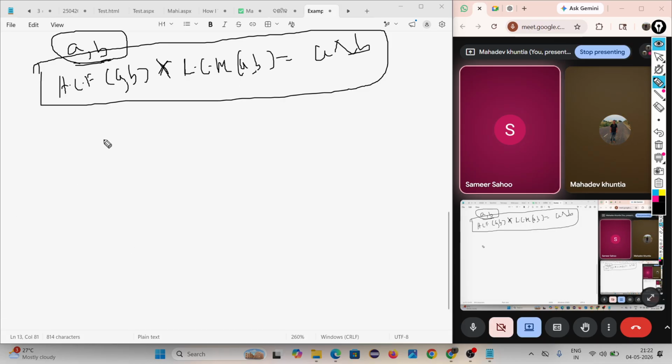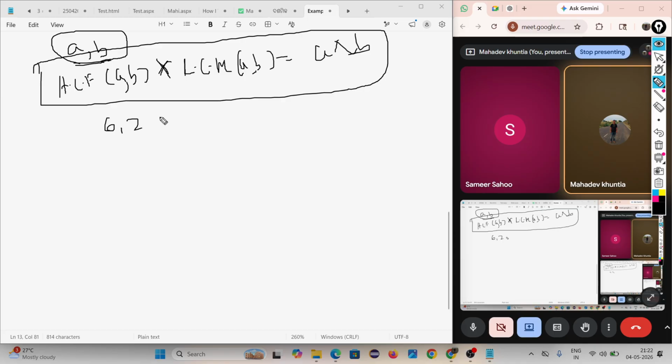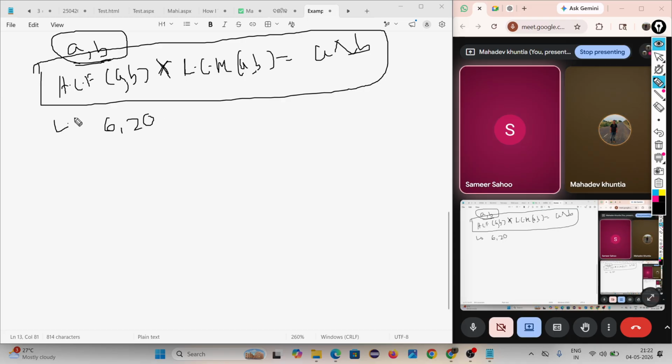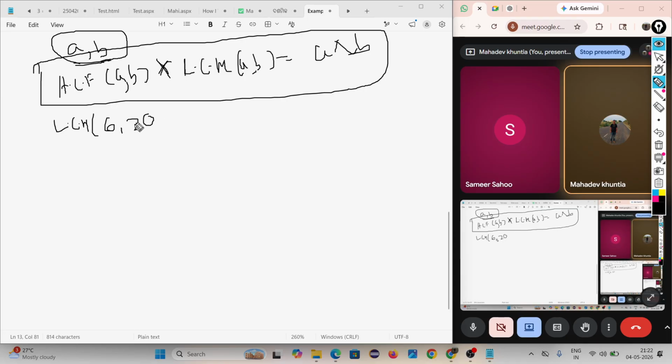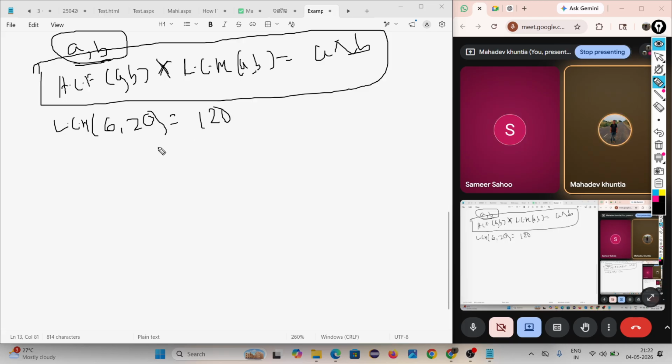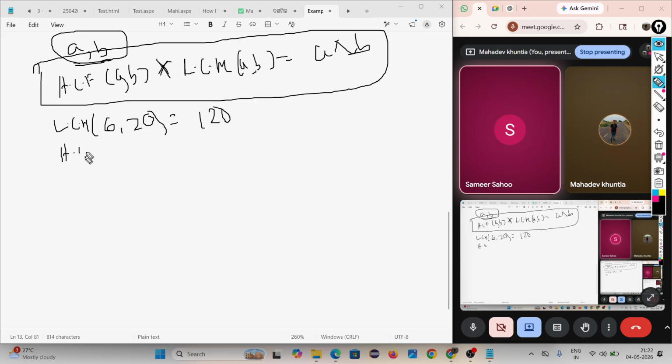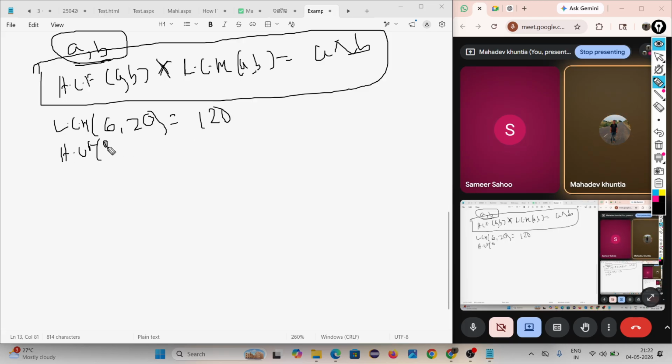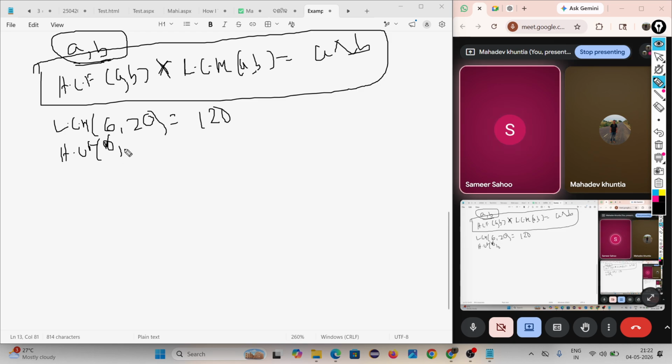A few seconds ago we found the LCM of 6 comma 20, which is 120. The HCF is 2.